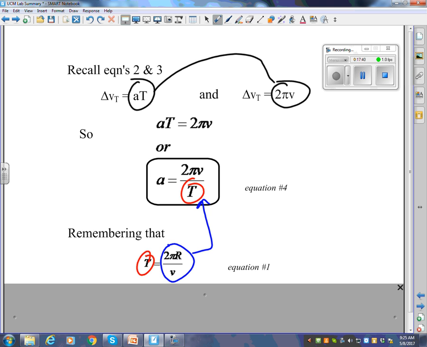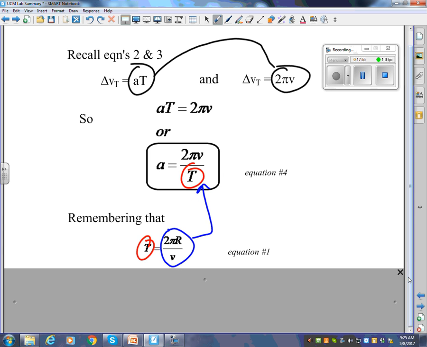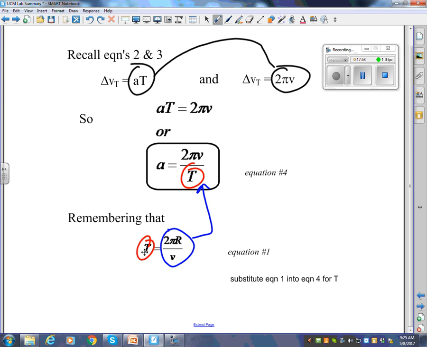Is that going to be a really ugly fraction? You betcha. But do you see that it's going to be 2 pi V over 2 pi? We might get some canceling going on here, right? We're going to substitute equation 1 into equation 4 for T.